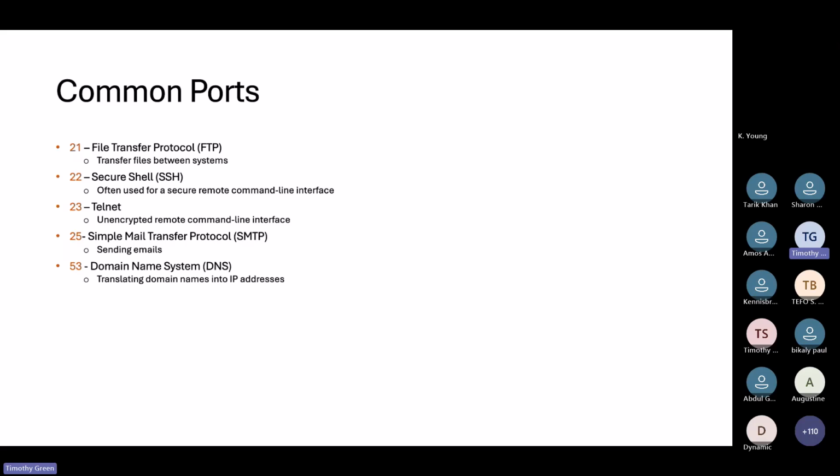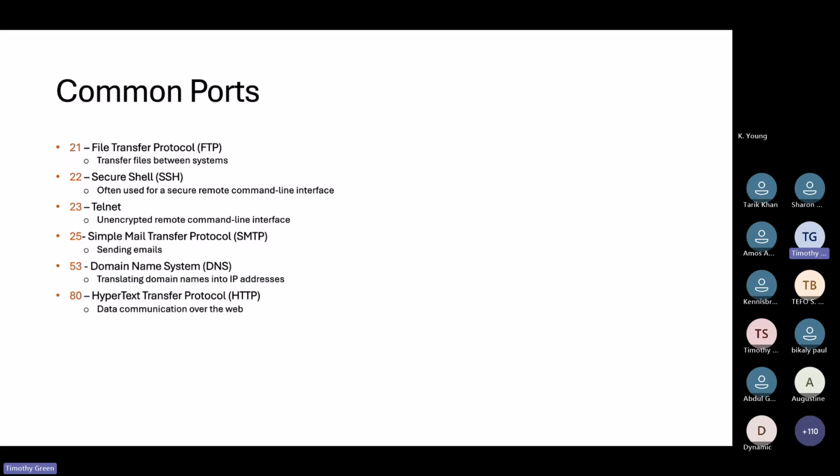A domain name is not meant for computers. It's for human beings, to save us from having to memorize IP addresses, right? So when you are going to facebook.com, DNS checks the phone book and sees that facebook.com, for example, belongs to 192.168.10.10, and then it sends your traffic there. That is the purpose of DNS. The port number that DNS uses is 53.